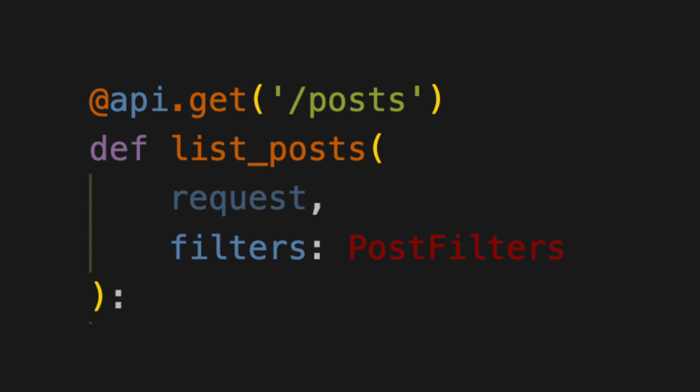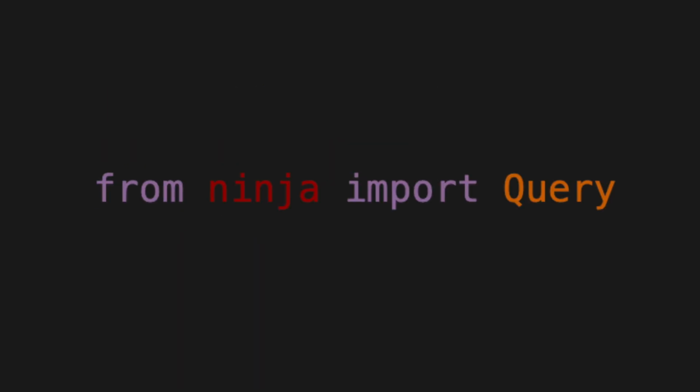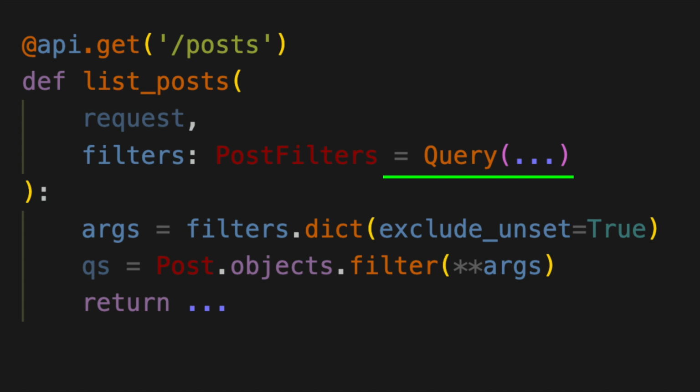The only extra here is that we need to tell Ninja that it should be taken from query instead of body. To do that, we can import this Query marker, which will tell it to get the data from GET parameters instead of the body. And here, to skip parameters that were not provided, you can use this exclude_unset argument. Finally, just send all the lookups into queryset filter, and that's it.